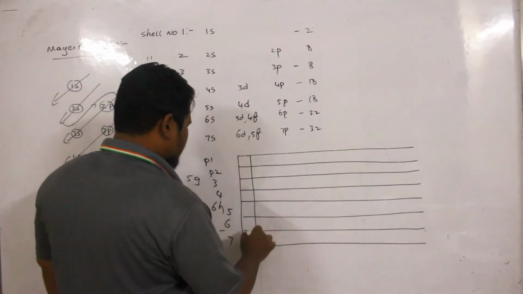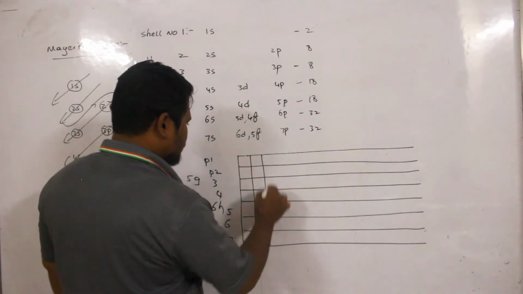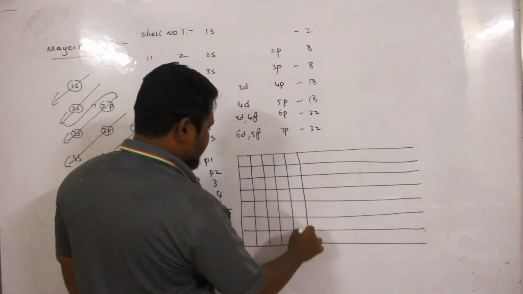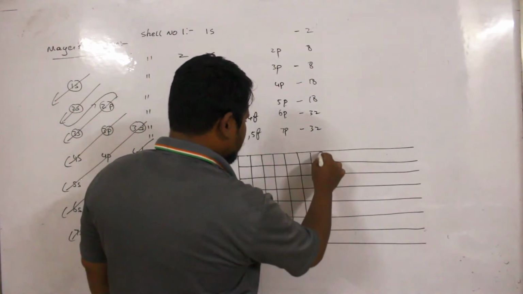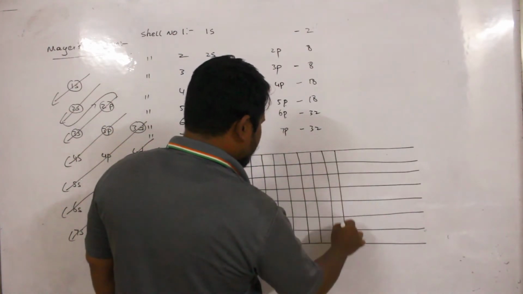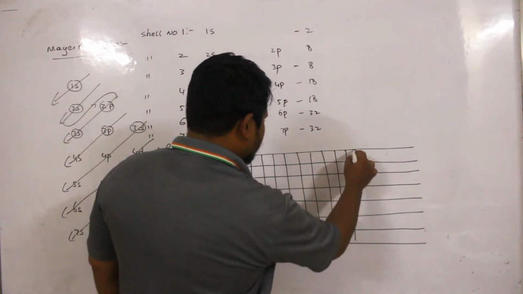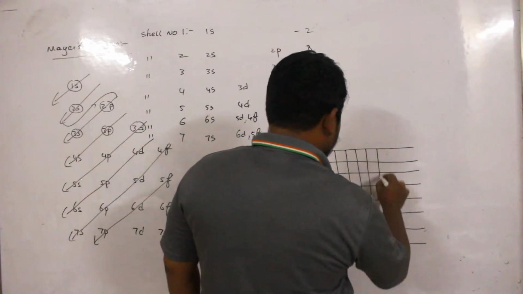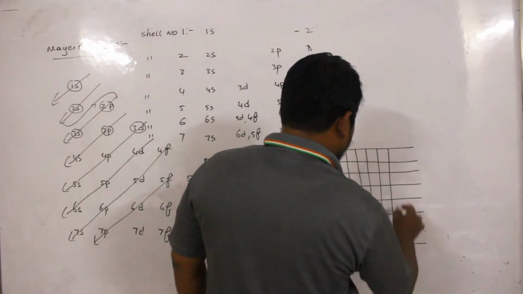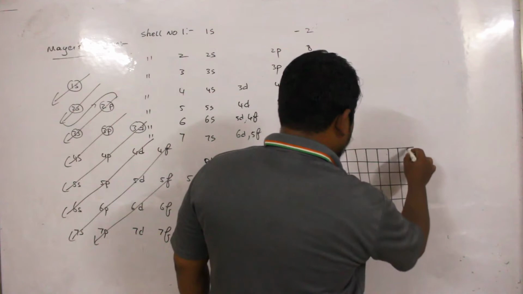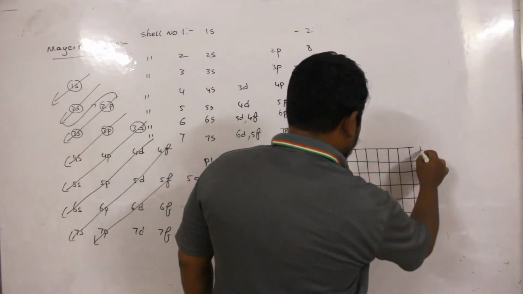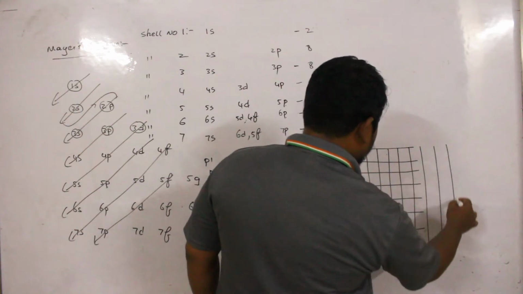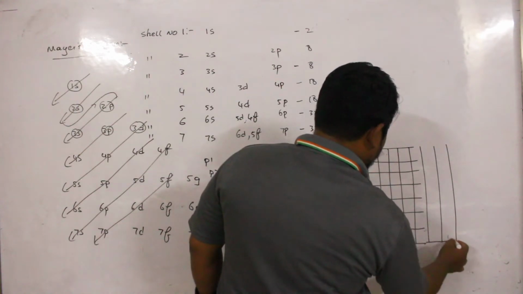So this is 1, 2, 3, 4, 5, 6, 7, 8, 9, 10, 11, 12, 13, 14, 15, 16, 17 and finally 18. So 18 columns are there.